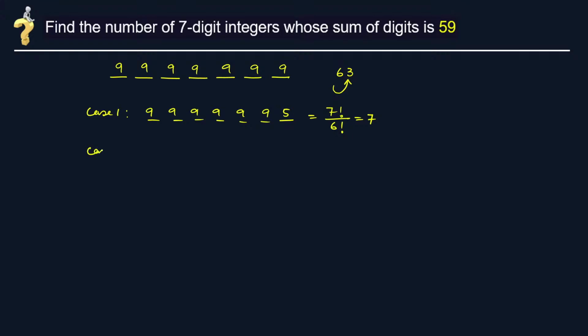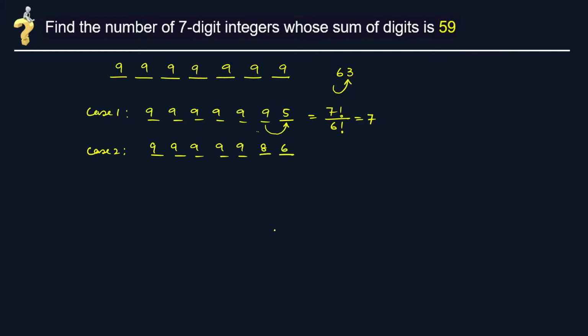Now let us consider case 2. Again, 5 of the digits are all 9. Now let me take out one from this 9 and give it to the other place. So it will become 8 and this one will become 6.